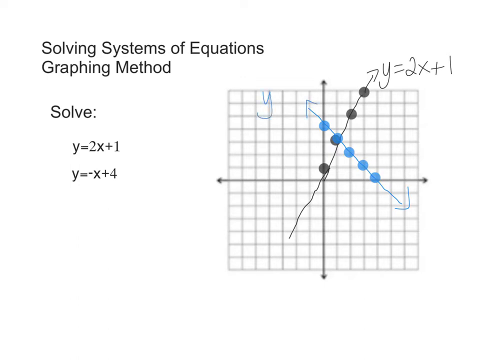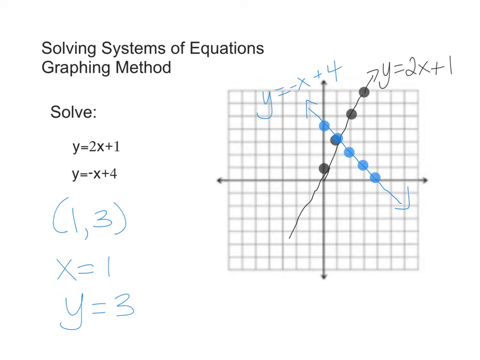That's y equals negative x plus 4. When you're looking for the solution to the system, it's where the two lines intersect. And they intersect at the point (1, 3). That's the answer. Or you could say it as x equals 1, y equals 3.